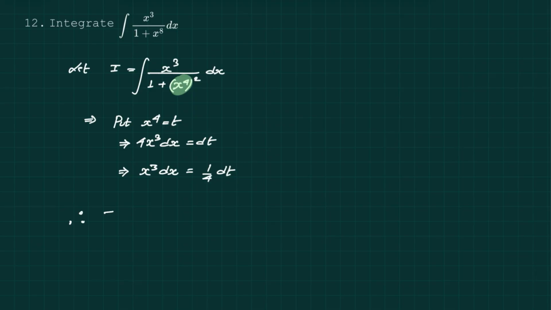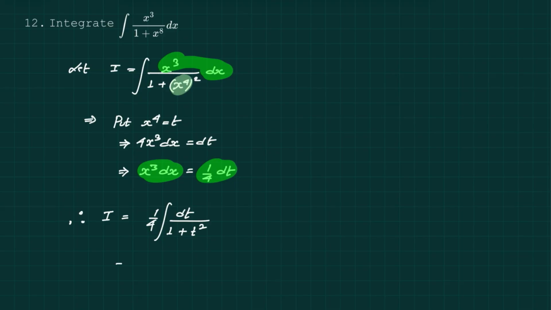Therefore, my I will be equal to the integration of x cube dx, which is 1 by 4 dt. So here I will write 1 by 4 at front and dt in the numerator, divided by 1 plus x to the power 4 whole square. So it will be 1 plus x to the power 4 is t square.